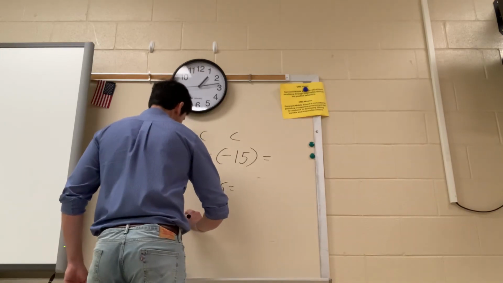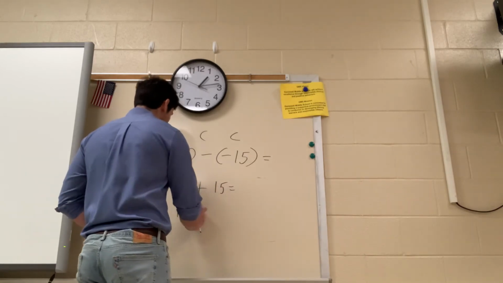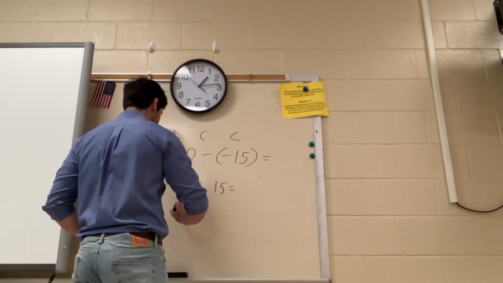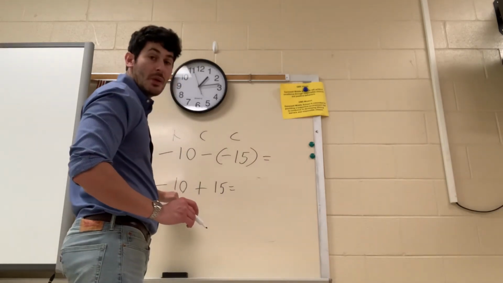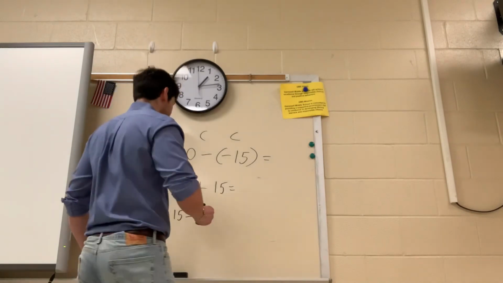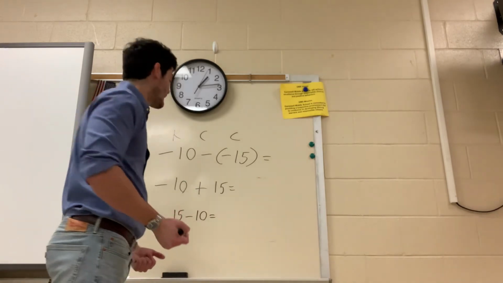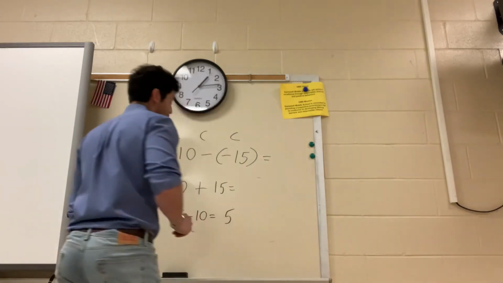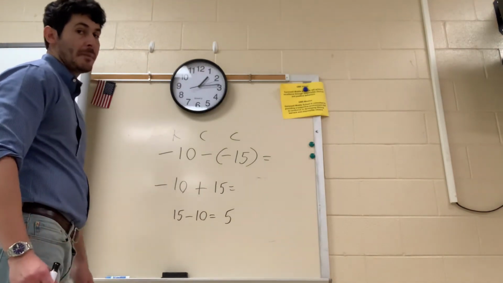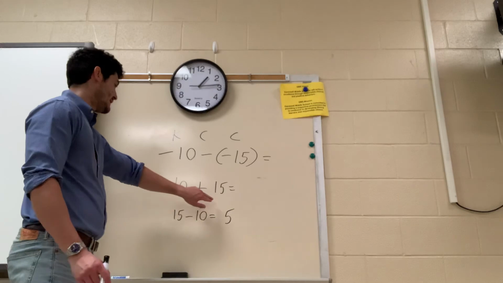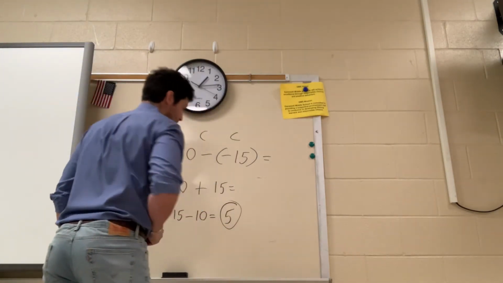I messed up, opposite. 15 obviously has a bigger absolute value, and we take away the one with the lesser absolute value, which is 10. 15 take away 10, that's 5. And again, for the sign, we choose the sign of the number with the bigger absolute value, which in this case is 15, which is positive, and therefore your answer is going to be a positive 5.